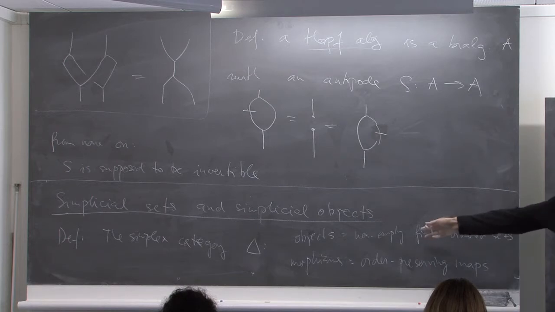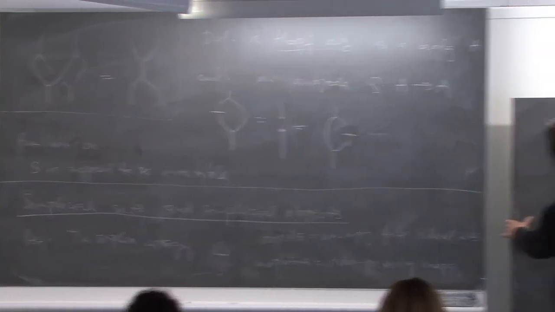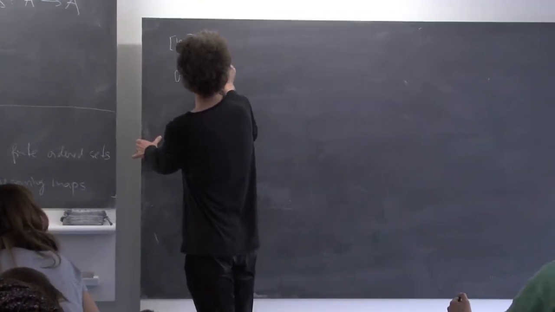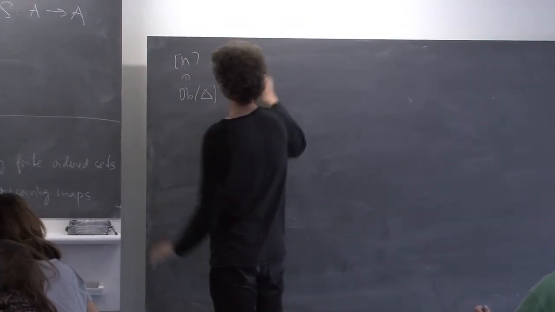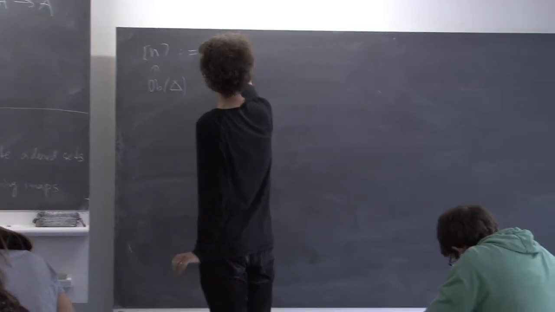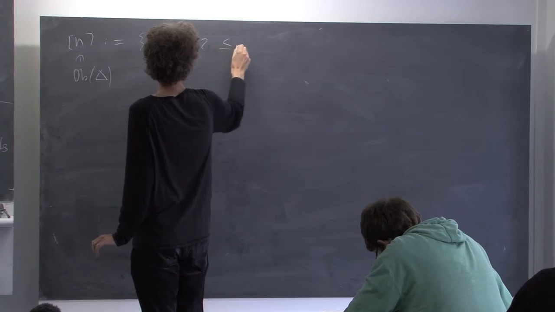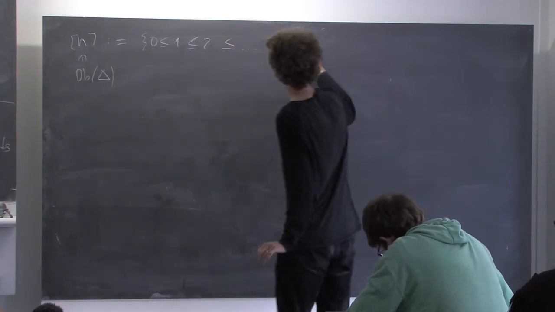Now there are some standard objects there, with notation [n]. So there's just this set 0, 1, 2, up to n, with the usual order.